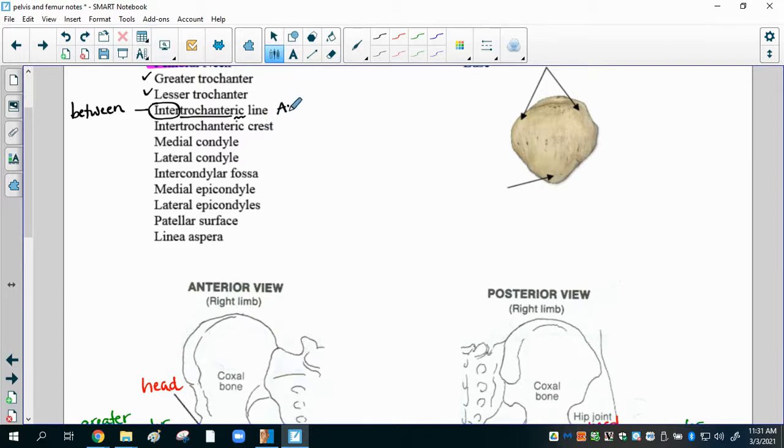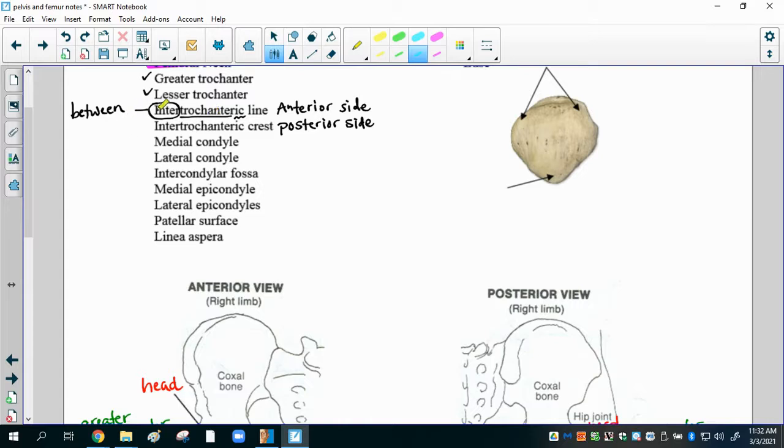I'm going to go ahead and write up here that the line is on the anterior side, and it is much less significant. The crest is on the posterior side. So we're actually going to draw a line between the greater and the lesser on both surfaces, anterior and posterior, and that's where we're going to find those markings.